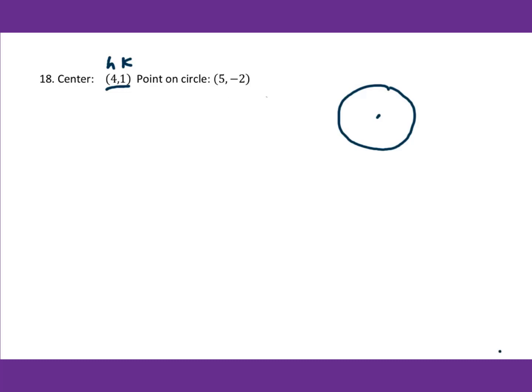So for this given circle, if we know any point on the circle, the distance will be this r. Therefore, r equals, we label this x1, y1. You can label this x2, y2. So we're using the distance formula.